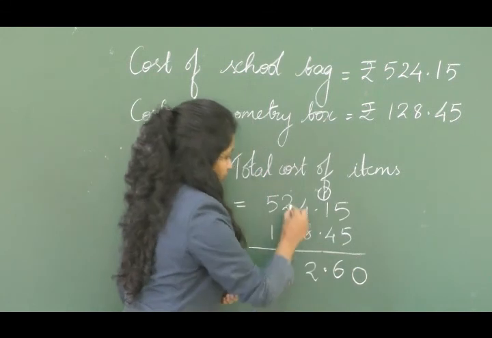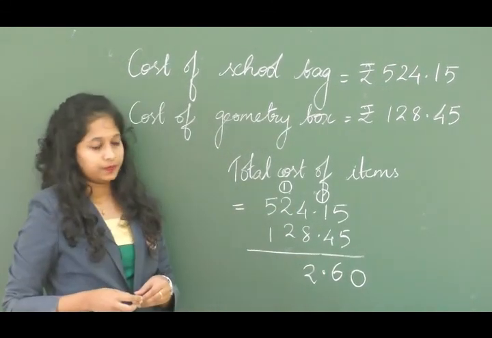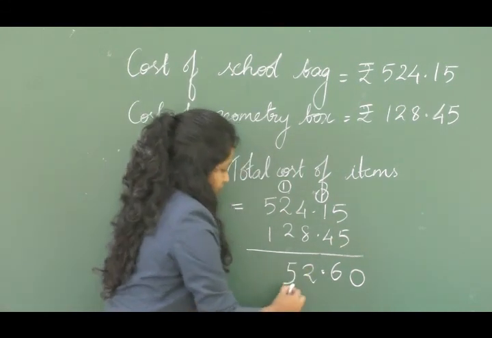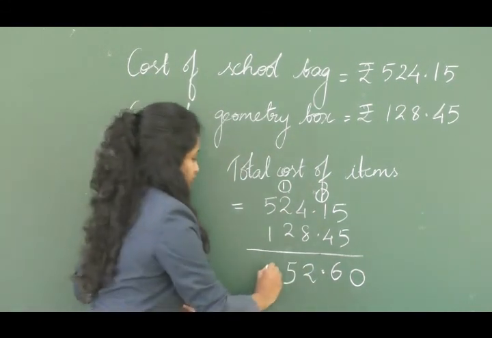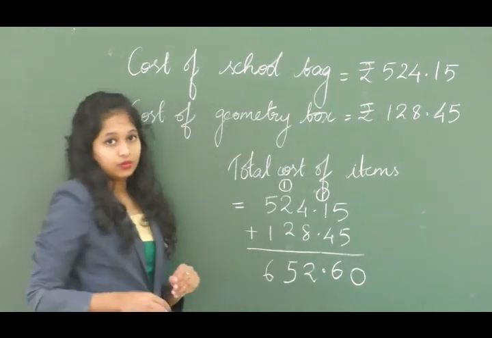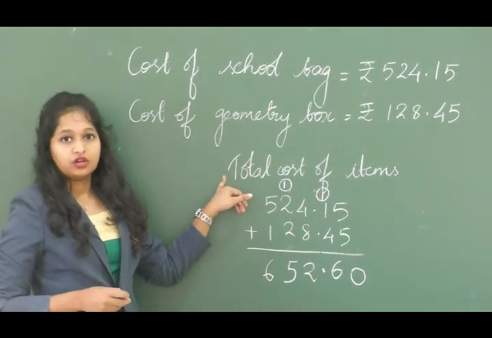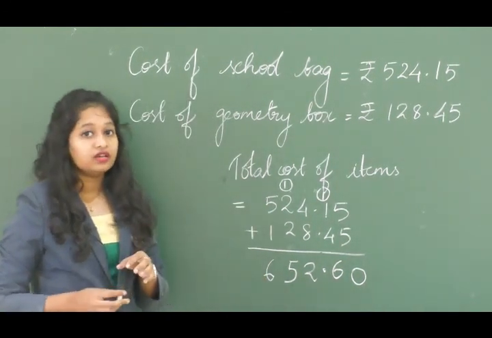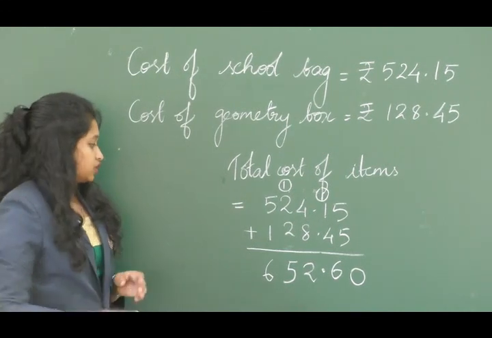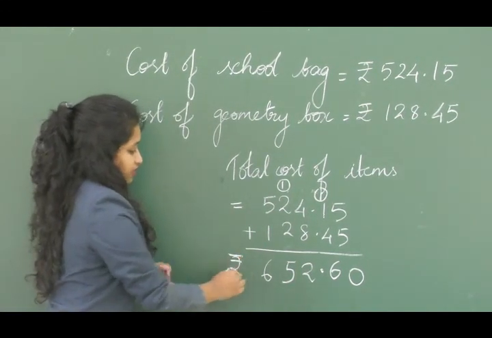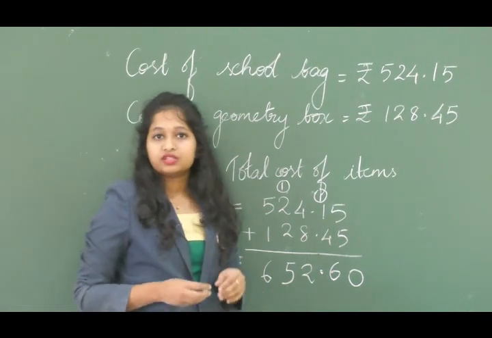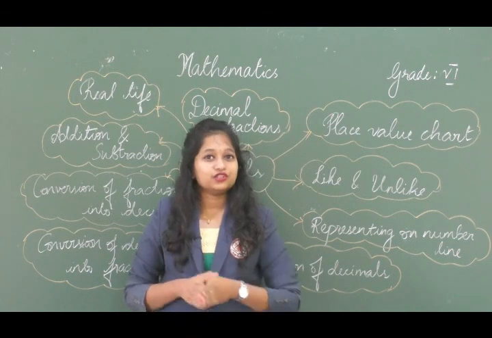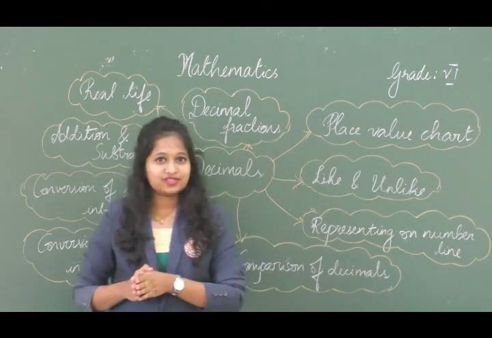Write 2 here and 1 as carry. Now when you add, we get 5. 5 plus 1 is 6. So the total cost of the items, that is total cost of school bag and the geometry box, is rupees 652.60.